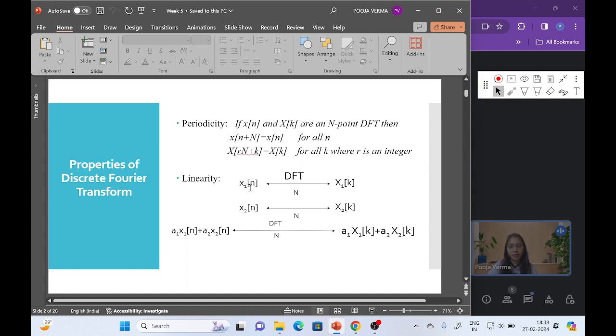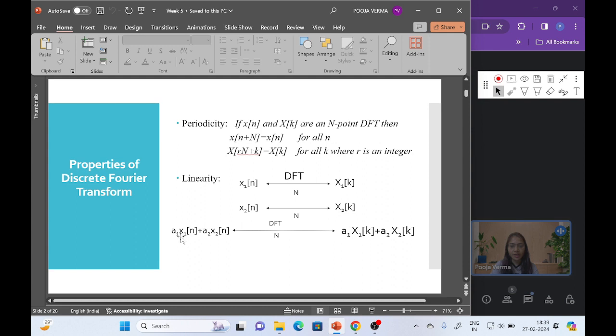Another property is linearity. X1 of k is the N-point DFT of x1 of n, and similarly X2 of k is the N-point DFT of x2 of n. So what is the linearity property? It follows the superposition theorem.